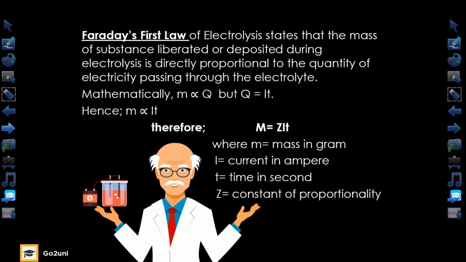M is mass, I is current, T is time, and Z is the constant of proportionality. We shall see that it is called electrochemical equivalence, which you'll be learning about even more in your physics.